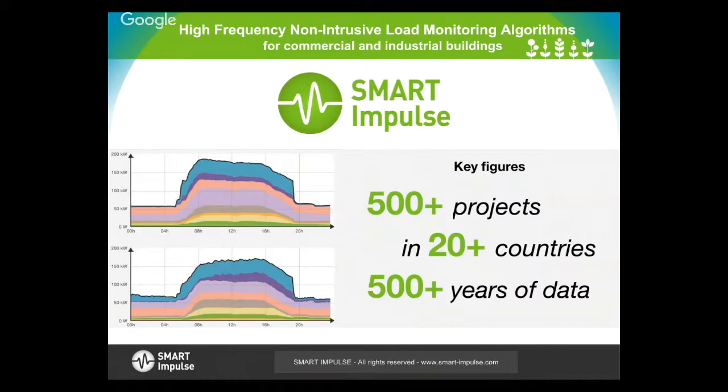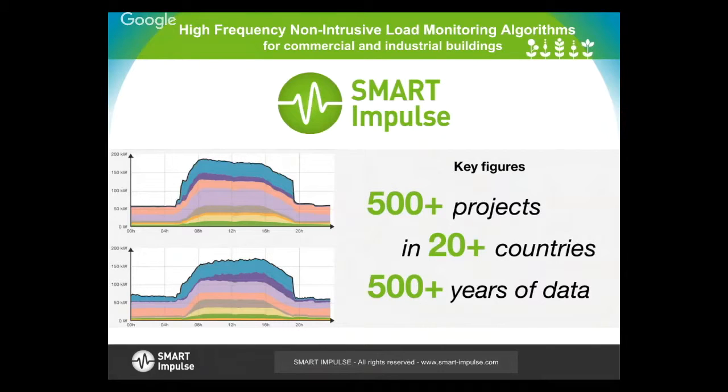Our algorithms are self-learning, so we have developed something which enables the disaggregation of any building without knowing almost anything about it. We are just listening to the electrical signals, and we extract the features that we can recognize afterwards.